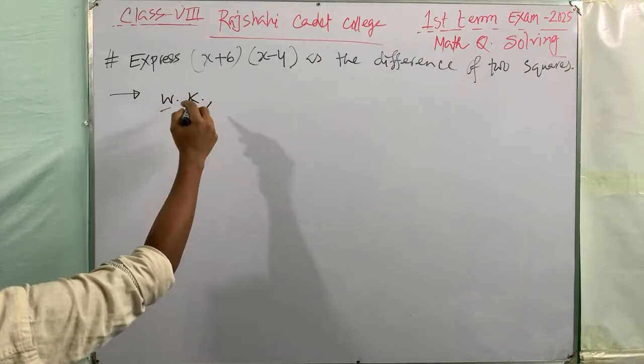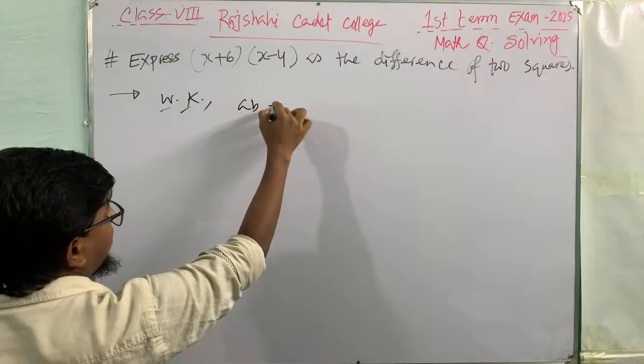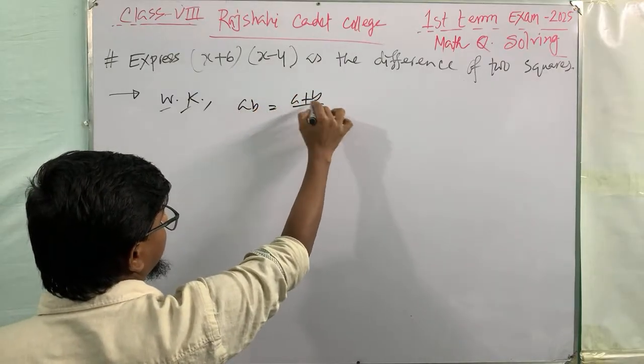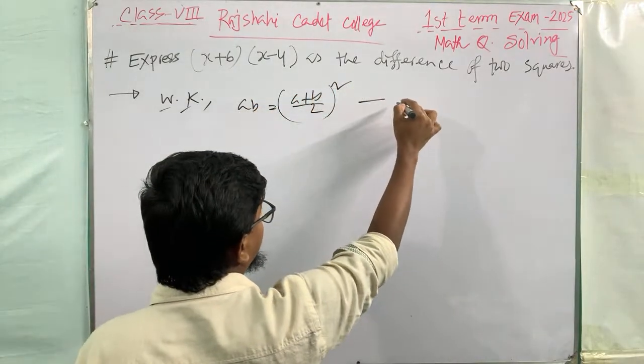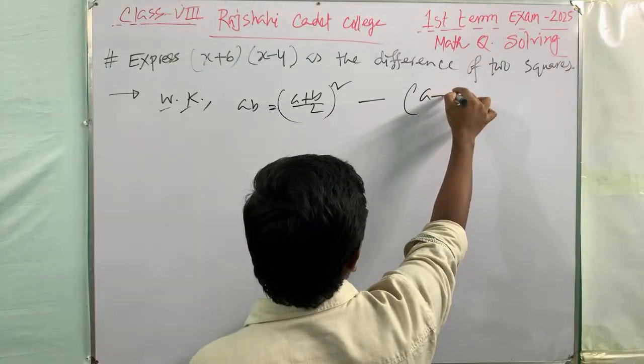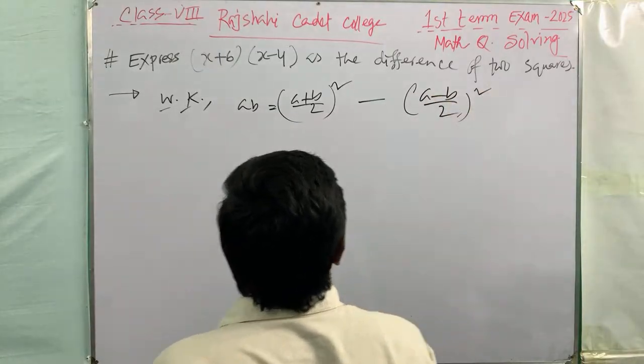This is, we know AB is equal to A plus B divided by 2 whole squared minus A minus B divided by 2 whole squared.